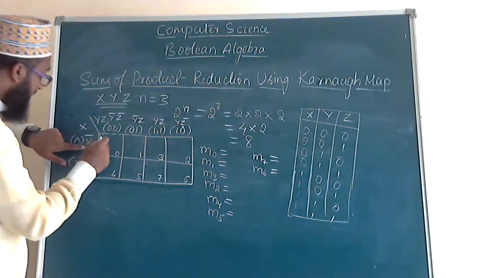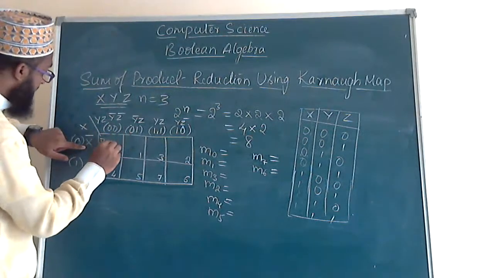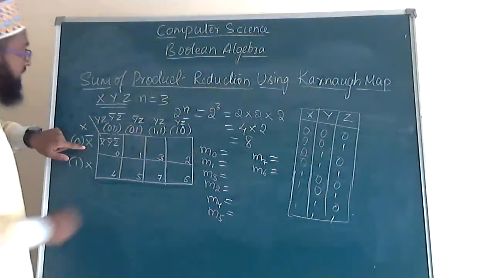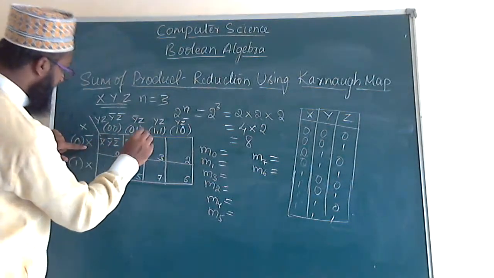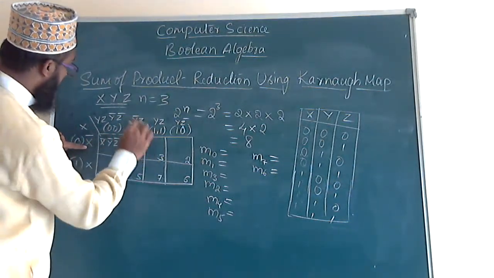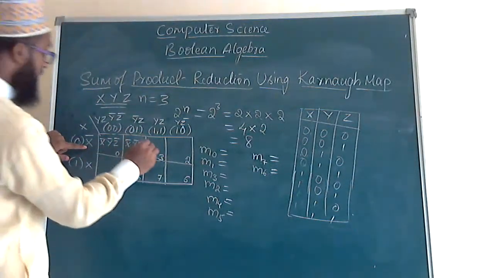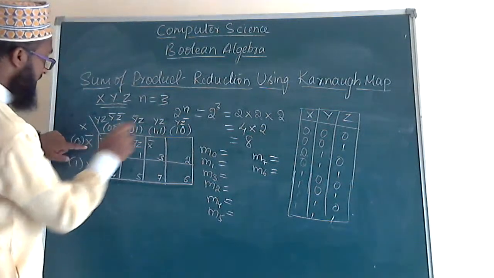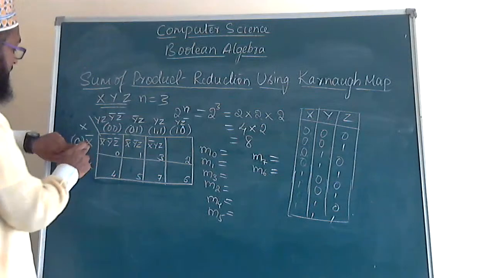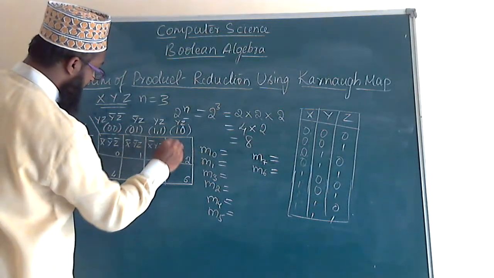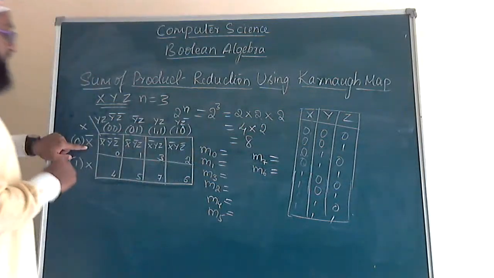First write x bar, then write y bar, z bar. Always take from the left side. Then for this, write x bar first, then y bar, then z. Then for this, write x bar first, then y, z. After that, for the last, write x bar, then y, then z bar.